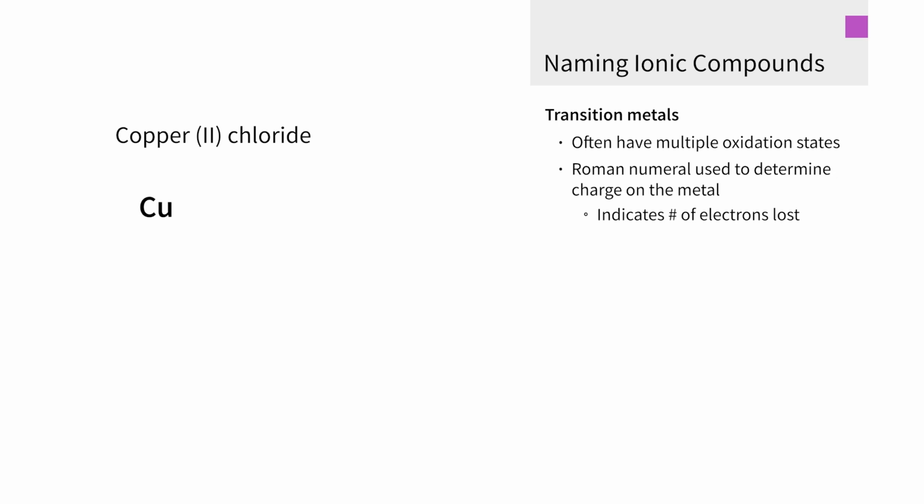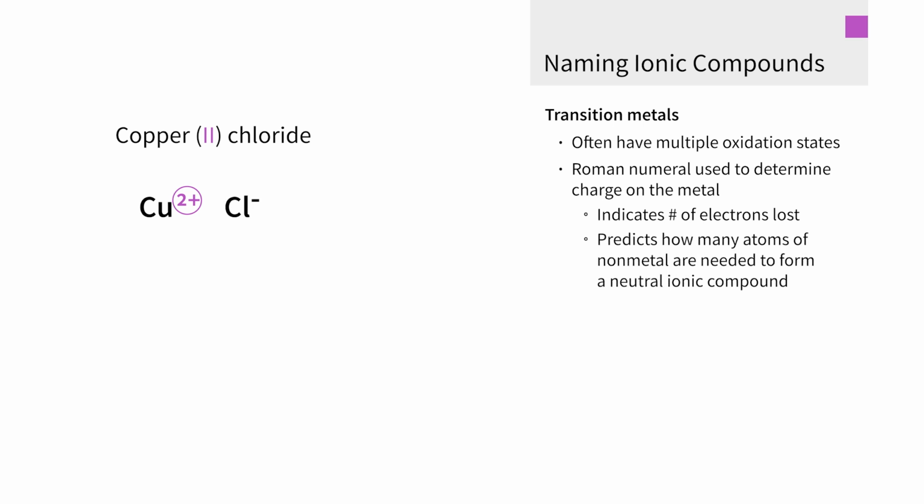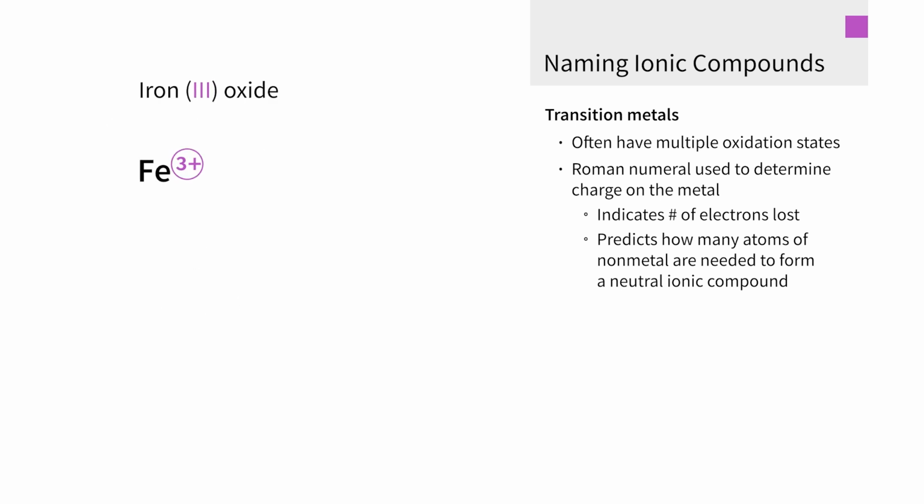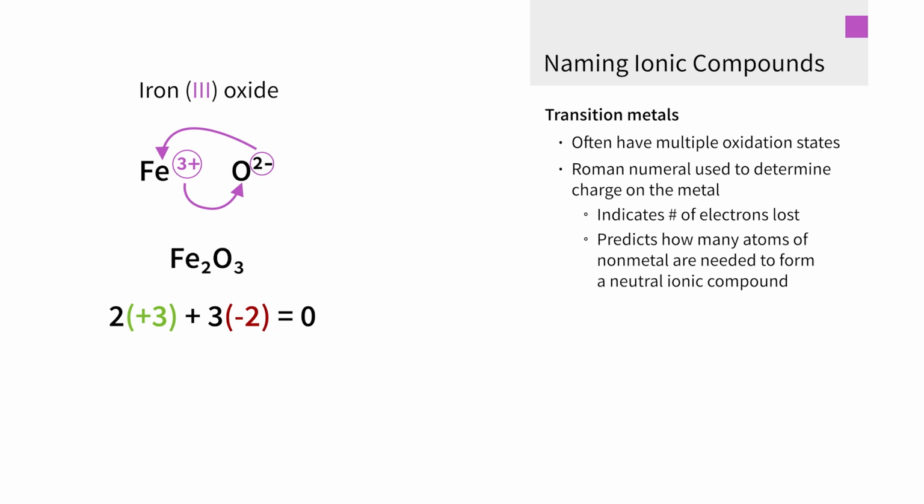This tells us how many electrons the transition metal has lost and provides the information we need to predict how many atoms of a corresponding nonmetal it will be partnered with to form a neutral ionic compound. For example, iron(III) oxide has Fe3+ paired with an oxide anion O2-. So the chemical formula of the neutral compound is Fe2O3, which is commonly called rust.